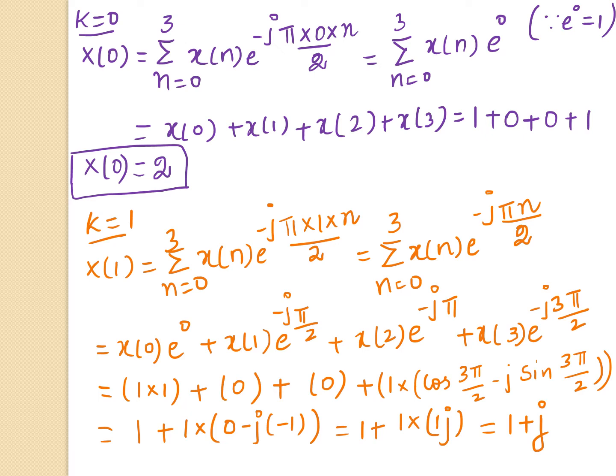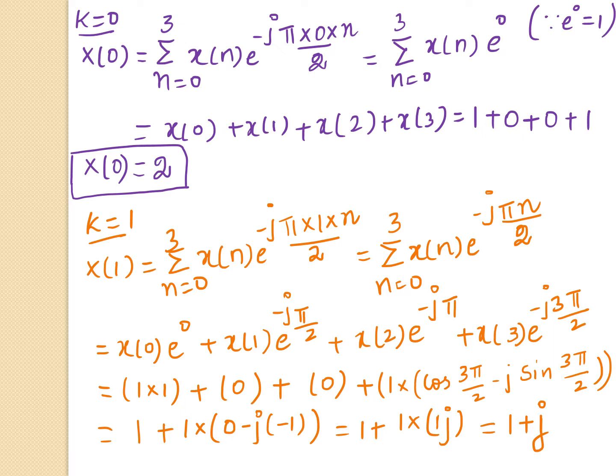So e power 0 value is 1. So you can replace with x of n into 1, and you can expand this summation also. So that we'll be getting x of 0 plus x of 1 plus x of 2 plus x of 3. We know that x of 0 is equal to 1 and x of 1 is equal to 0 and x of 2 is equal to 0 and x of 3 is 1. Upon summing these terms, you will be getting x of 0 as 2.